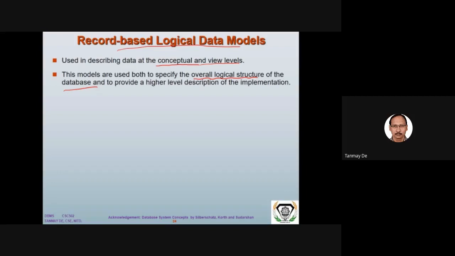Why is it called the record-based logical model?